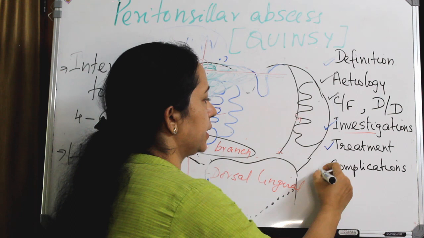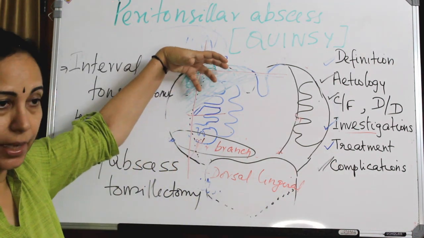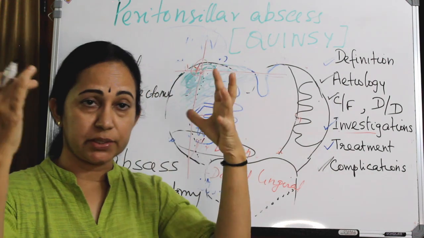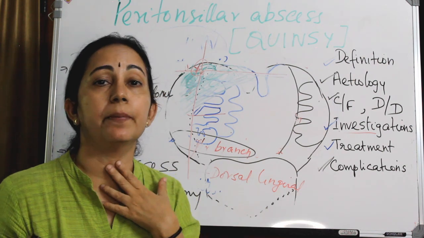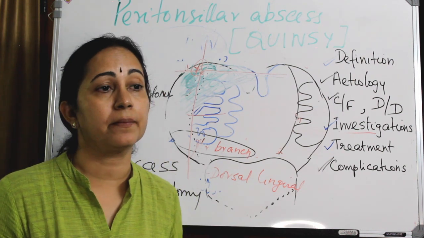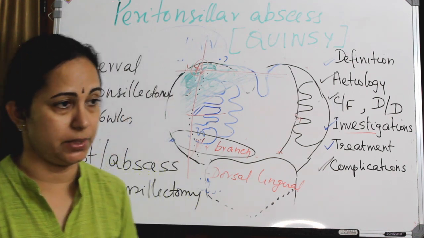Then next is complications. What all complications can happen? One thing, if there is an abscess bulging filled with pus, suddenly it ruptures. So what will happen? Chance of aspiration is there, and all the lung complications associated with aspiration.